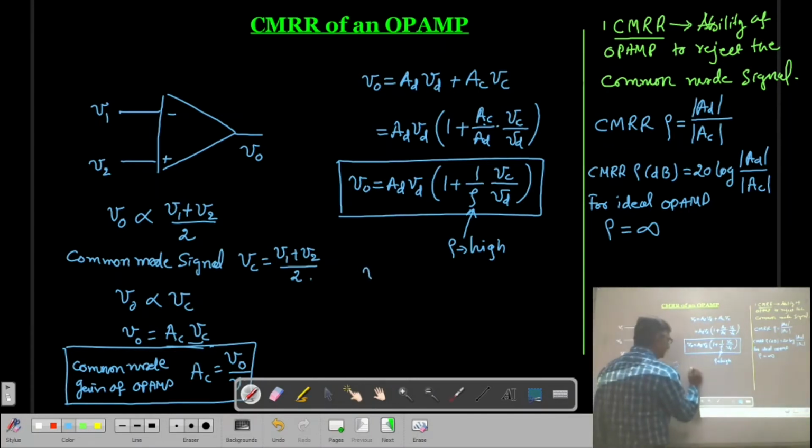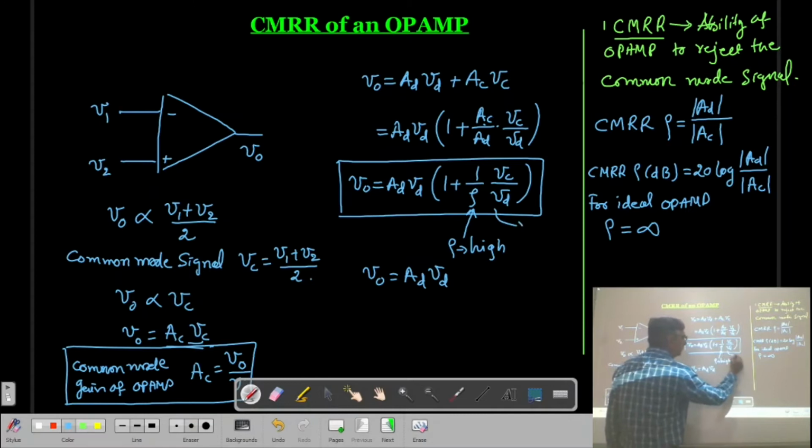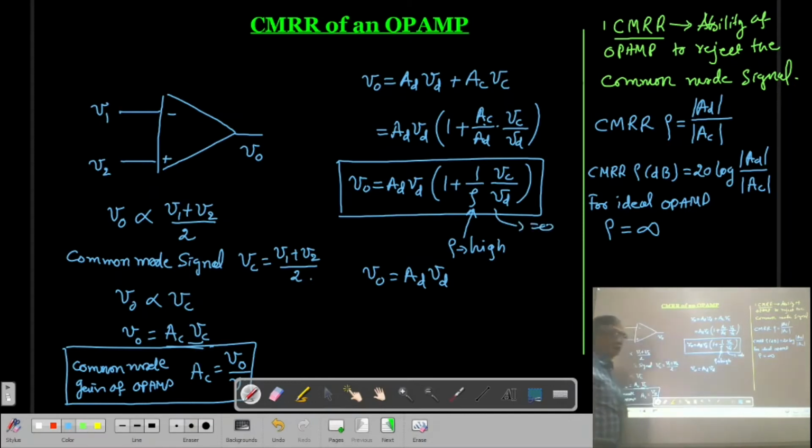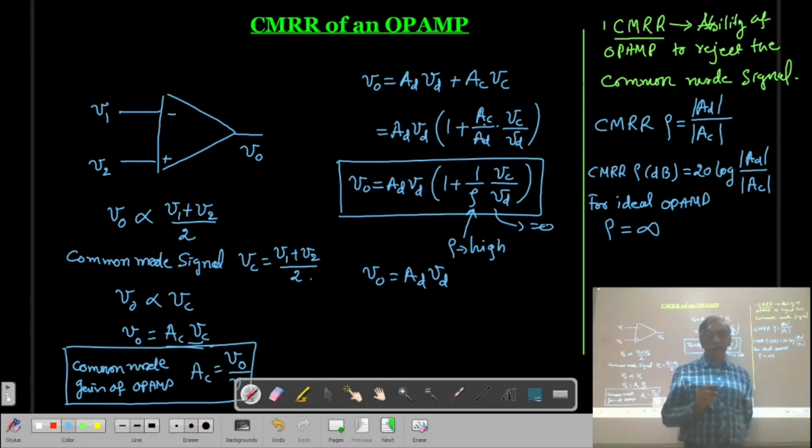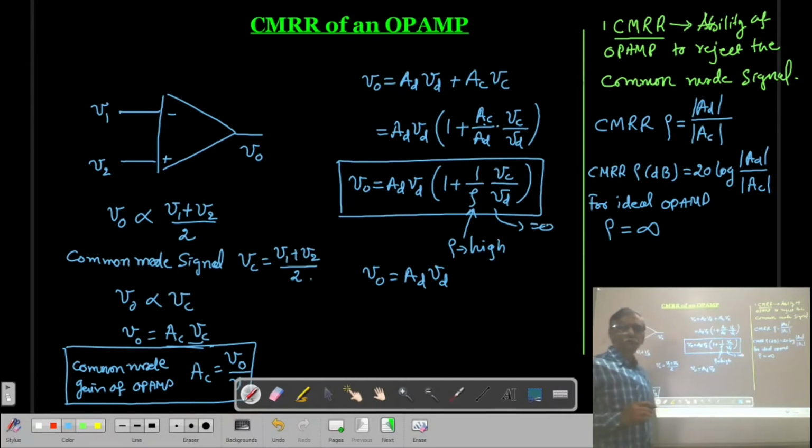And in that case, we have the output voltage equal to AD into VD. So this term is going to be 0. And that's why you have to select the operational amplifier which has a very high value of the common mode rejection ratio, and that will give you the perfect output voltage proportional to the difference of the two input voltages.